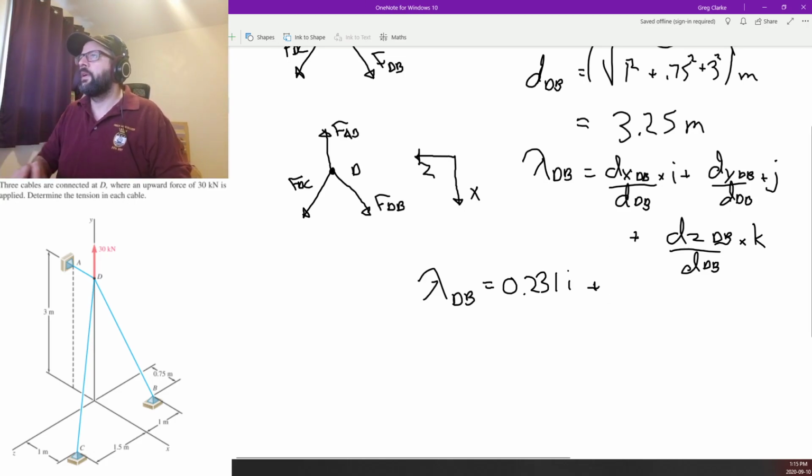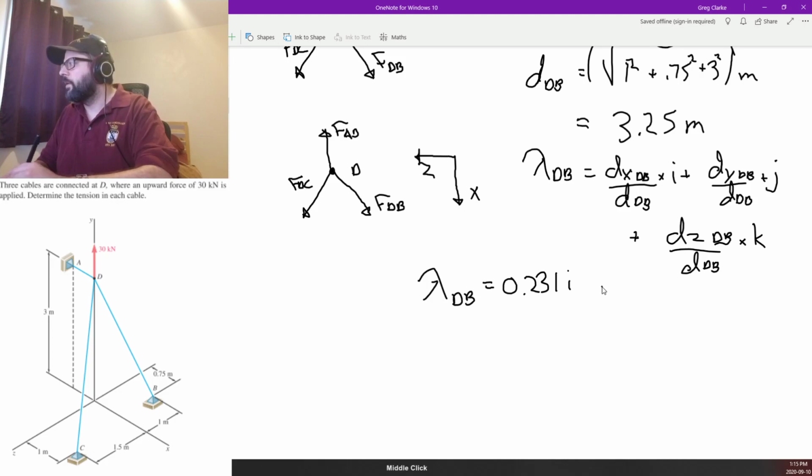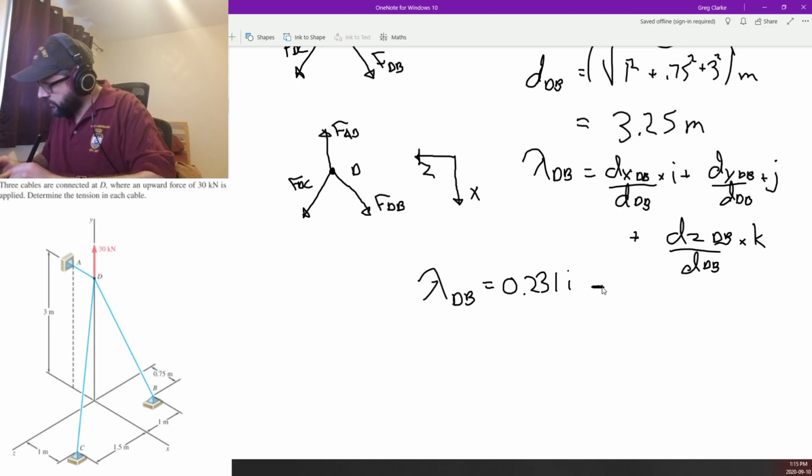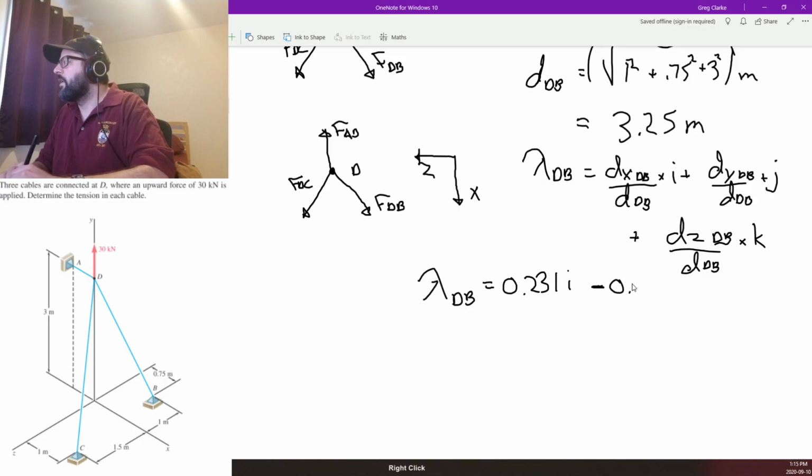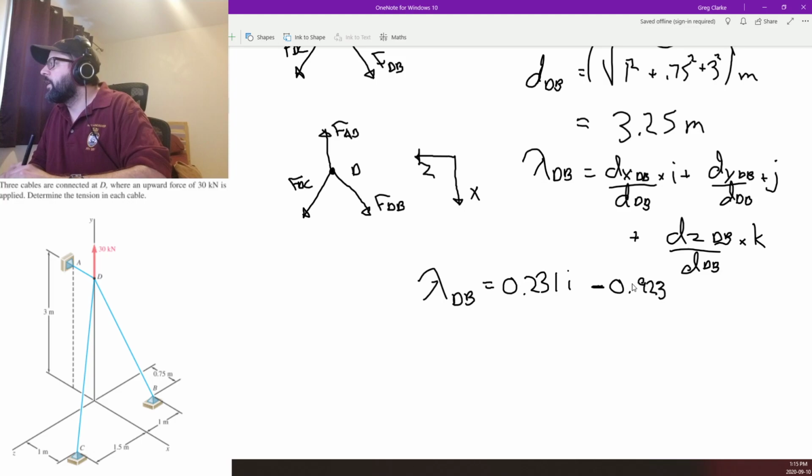I'm actually going to go ahead and erase that plus sign there and replace it with a negative, instead of adding a negative. So that's minus 3 divided by 3.25. So minus 0.923 J.